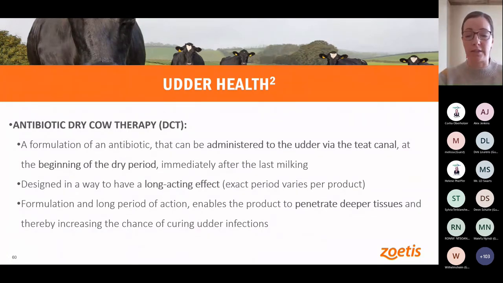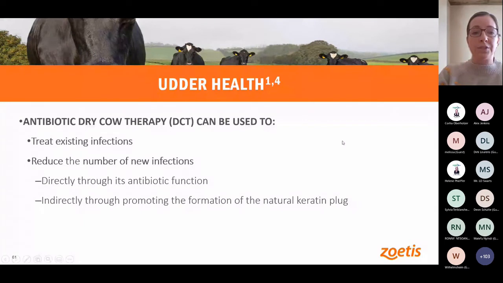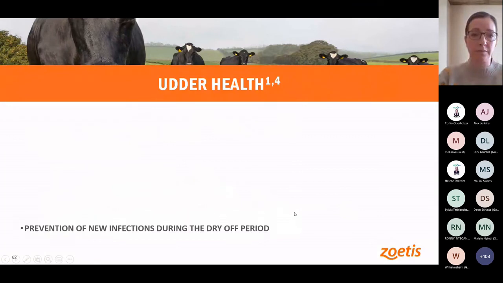Because of that long-acting effect and the deeper penetration, and obviously the longer milk withdrawal period, okay? All right, so what we're trying to do is we're treating existing infections, and then also we're trying to promote the general health of that udder and hopefully the formation of a natural keratin plug. All right.